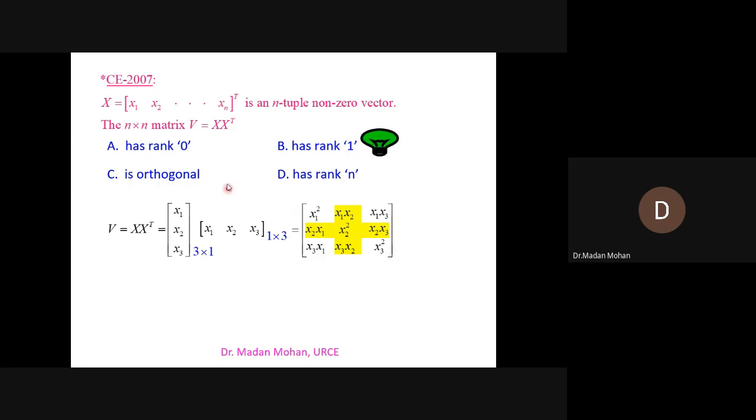Why is it not 0? Because it is a non-zero vector, which means at least one entry is not equal to 0. Then at least one of these 9 entries is not equal to 0 when I take n equal to 3. That's why rank is 1, not 0.